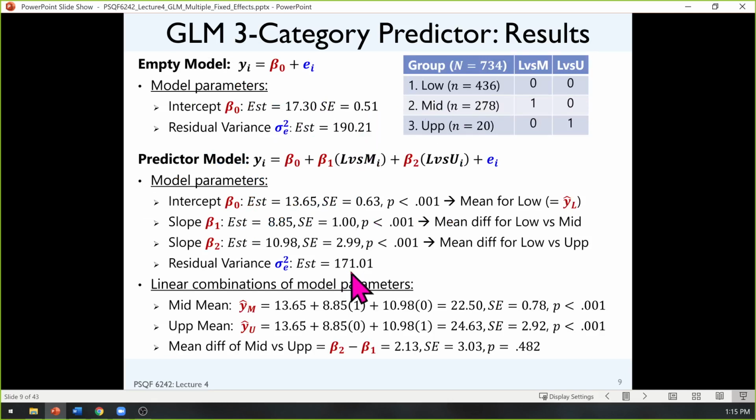It went down to 171. Is that good? Is that a significant reduction, or is that well within expected territory? So the new thing that we're going to start talking about is how to assess the change in the residual variance, which is equivalent to saying how well did the model do in predicting y hat as it relates to the original y.